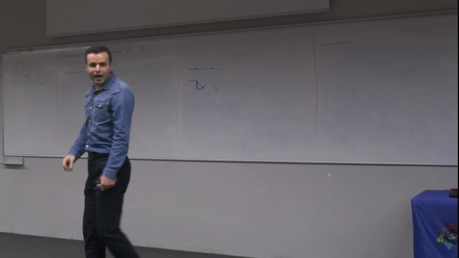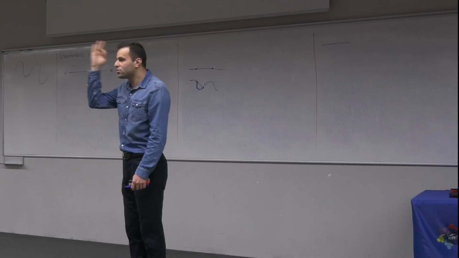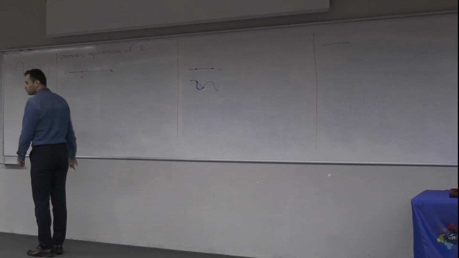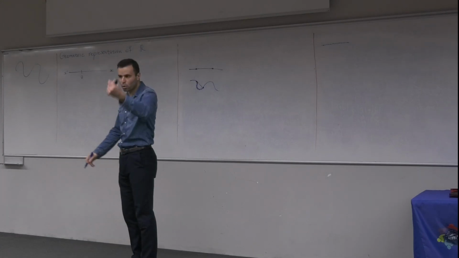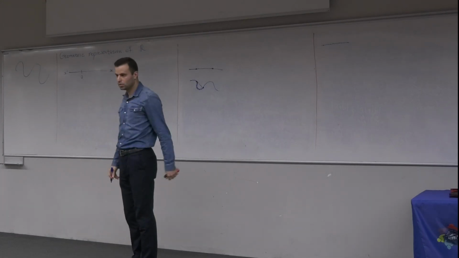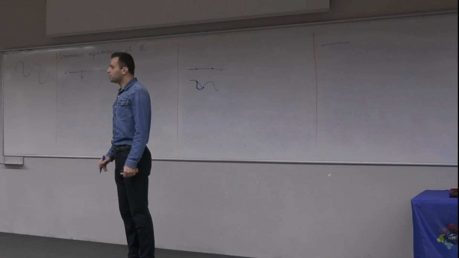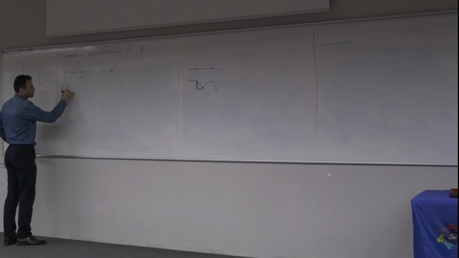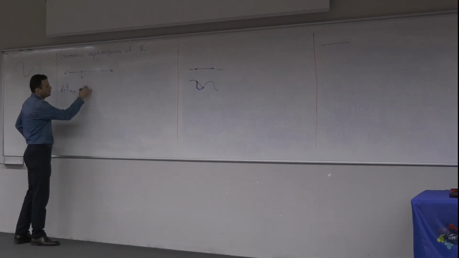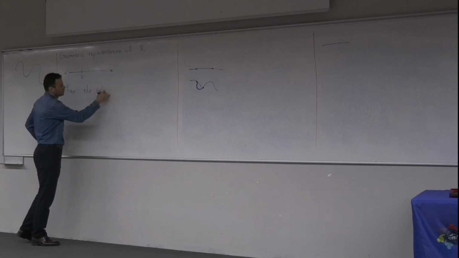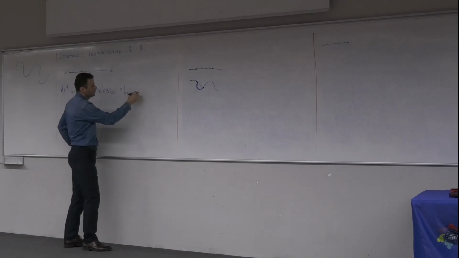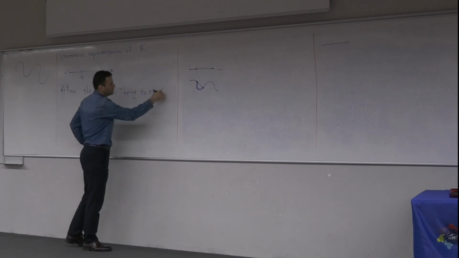First of all, I need to have a point 0, a reference point. Let's take our reference point O. I'm taking a point and calling it O. Now, define the relation of being to the left of.